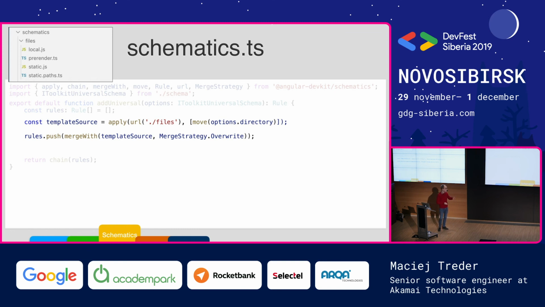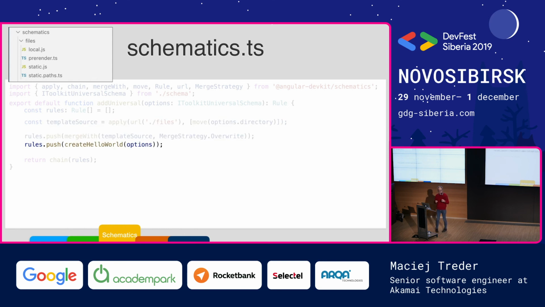project. Using different merge strategies, I can override files. So if the file static.js already exists in your project, these schematics would override them. Of course, there are also different strategies like omit the duplication, and so on. The next thing, that is one of the rules which I'm pushing to the array.